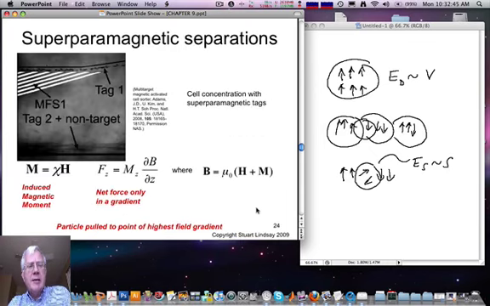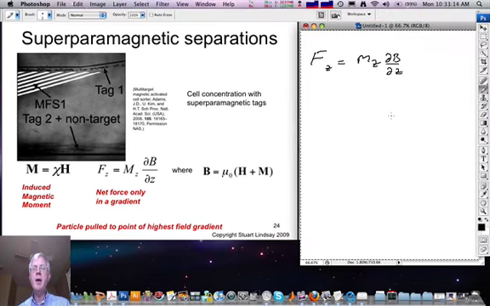Superparamagnetism has a large number of applications, particularly in chemistry, where it is used as a way of separating desired products in a reaction. Recalling equation 435 from chapter 4, a particle with a magnetic dipole moment mz in a field gradient will experience a force in the z direction.